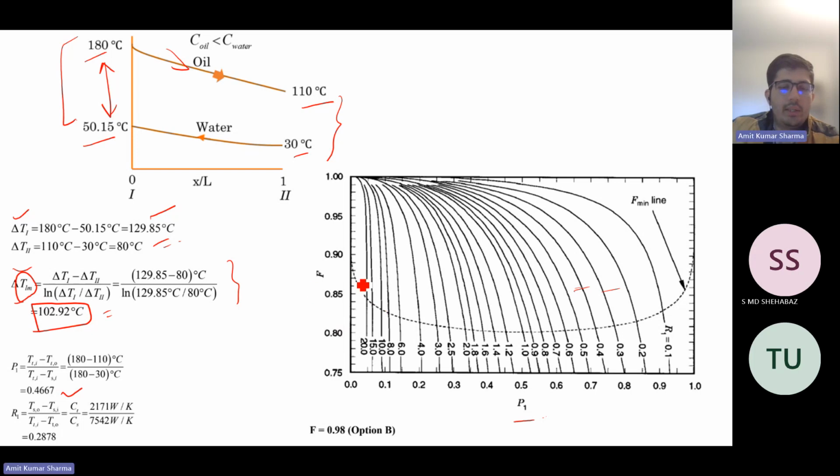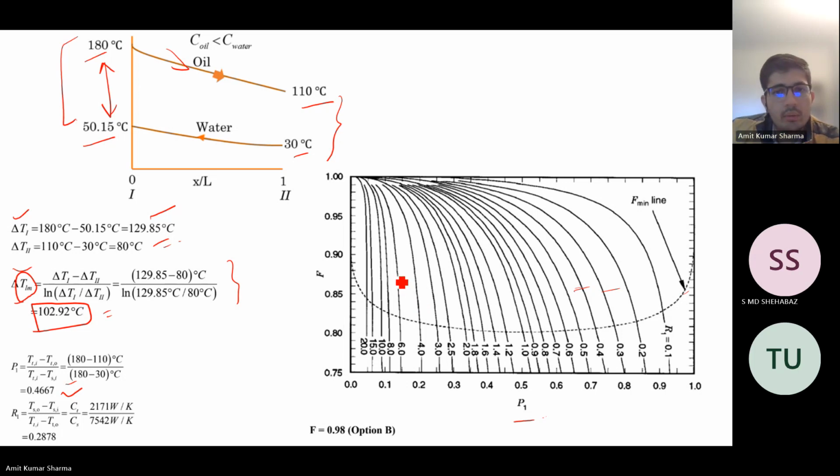So now find out the point where P is 0.4667 and R is 0.2878. So this is the F line. Okay. So find first R 0.2878. So you can see this is 0.2 and this is 0.3.